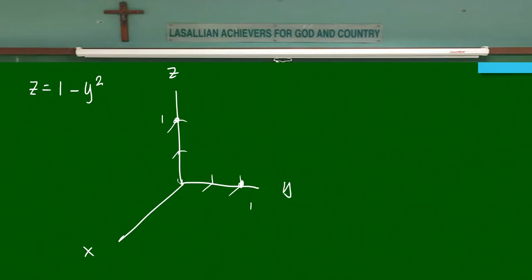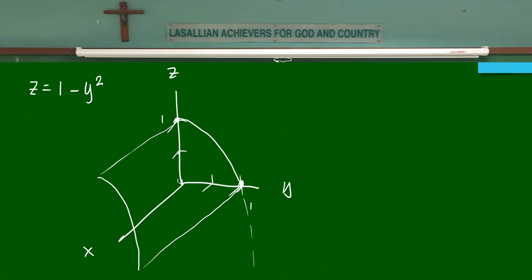What you'll notice there is that this one is actually an equation of a parabola. It's a parabola facing down. However, we won't draw everything since it's the first octant. And as I said, since it does not contain the x, we can draw our rulings parallel to the x-axis. And then our shape is like this. So when we draw the rulings, it's like that.